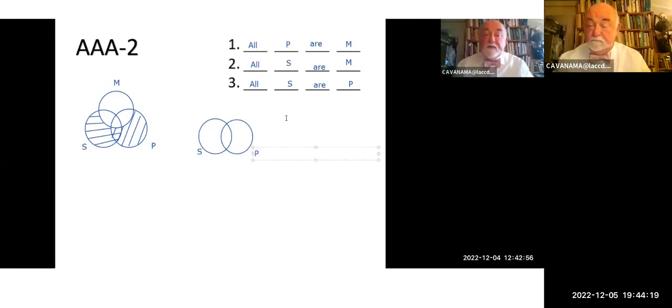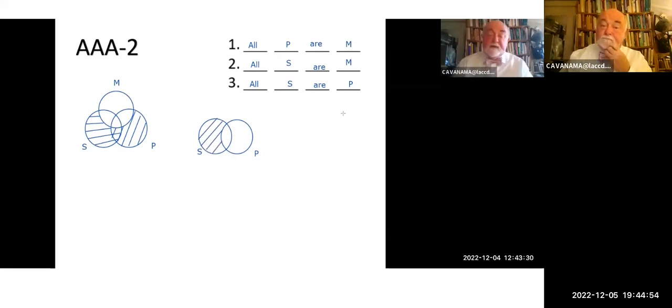Now jump back. What does the conclusion have to say? All S are P, that is, if anything is an S, it's also a P. So we do that by once again shading that bit of the S which is outside of the P, to show that it's empty. Therefore, if anything is in the S circle, the bit of the S circle it's in is also that bit which overlaps with P, not the bit which doesn't.